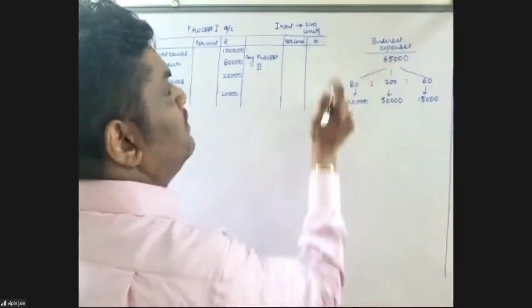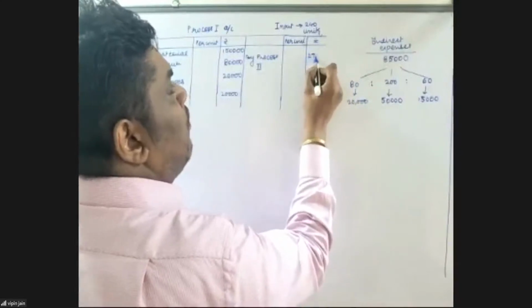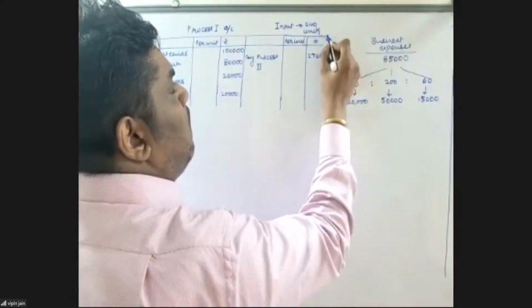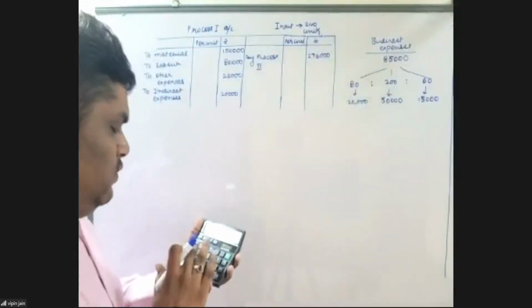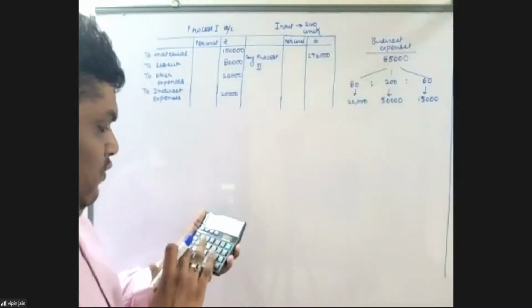2,76,000. Now we'll calculate the per unit cost also, that is 150 divided by 240.